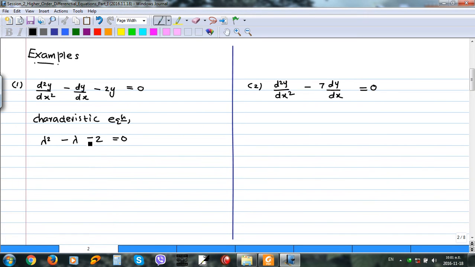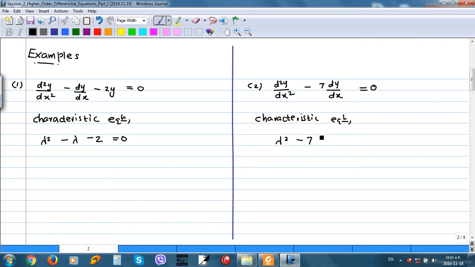That is the characteristic equation. For this one also we can write the characteristic equation, lambda squared plus 7 times lambda equals 0. This is the way of writing the characteristic equations.